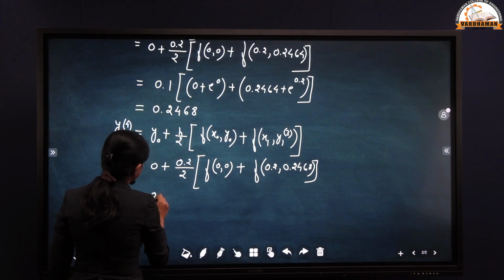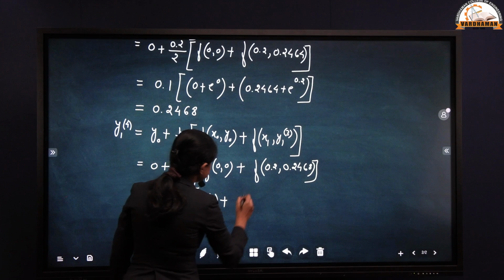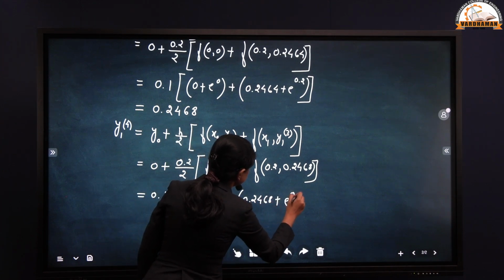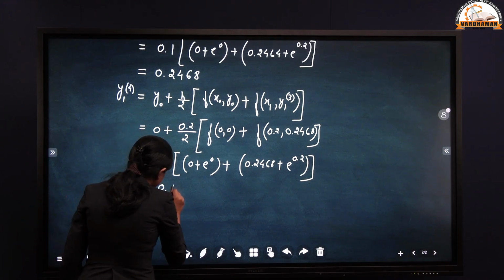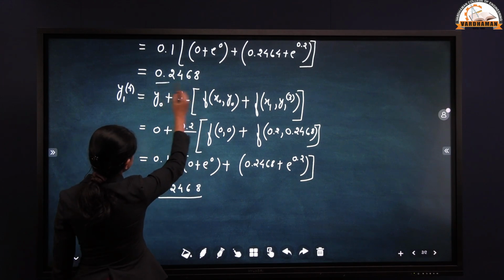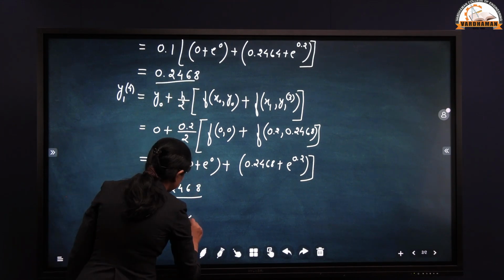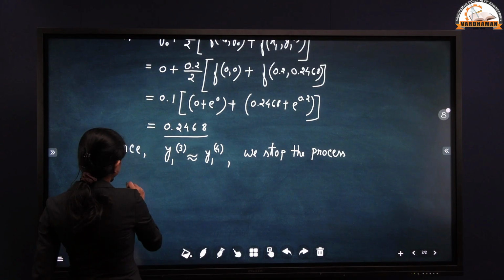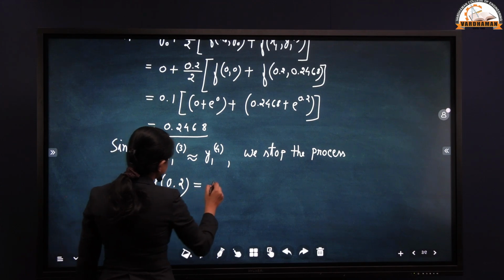Thus we have 0.1 into 0 plus e power 0 plus 0.2468 plus e power 0.2. Now if we compute this value, we will get 0.2468. So look at these values. These and these are equal. Since y1 3 is approximately equal to y1 4, we stop the process.